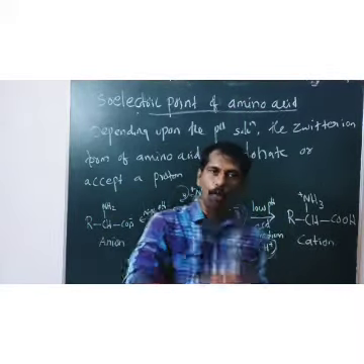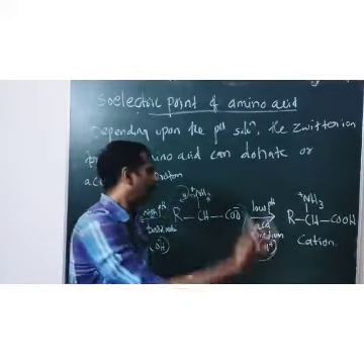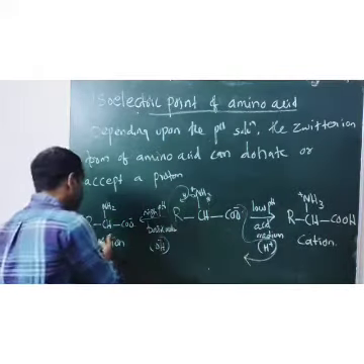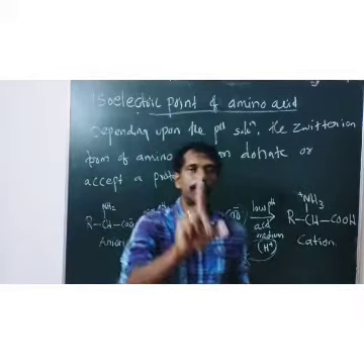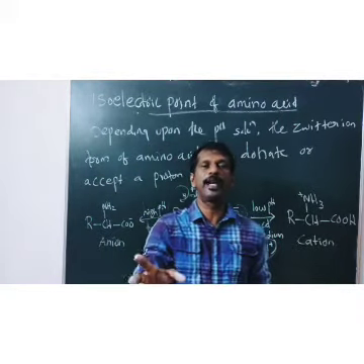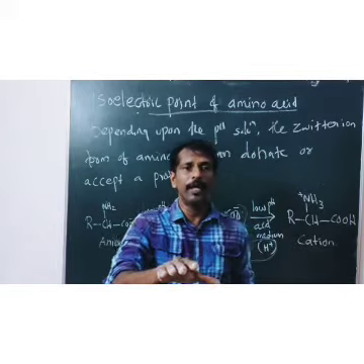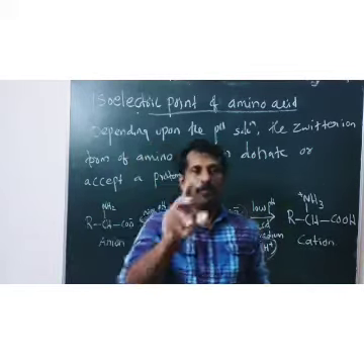Once again, at low pH it will move towards the cathode, and at high pH it will move towards the anode. But at a particular pH, not high or low, we can see that there is no net movement for the zwitterion towards the anode or the cathode.